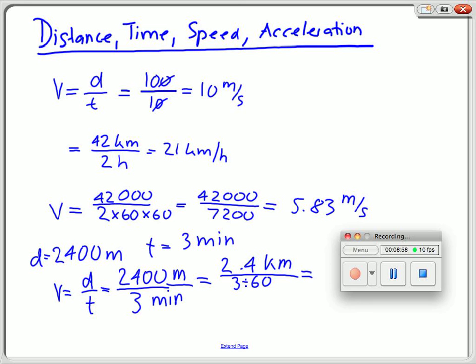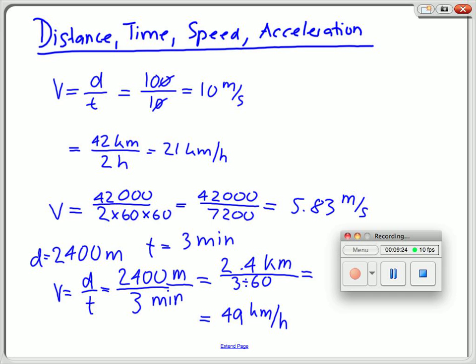And I can put this into the calculator, and I get the following answer. And I get 48 kilometers per hour. There we go.